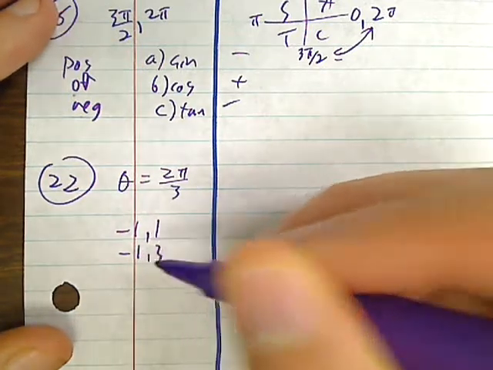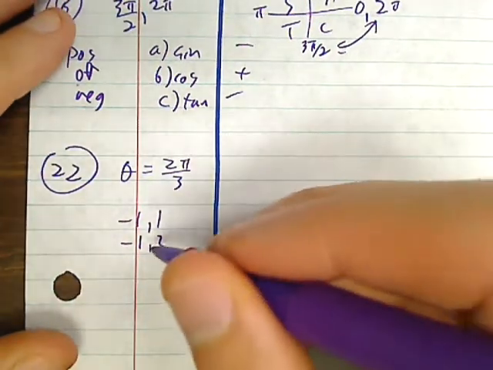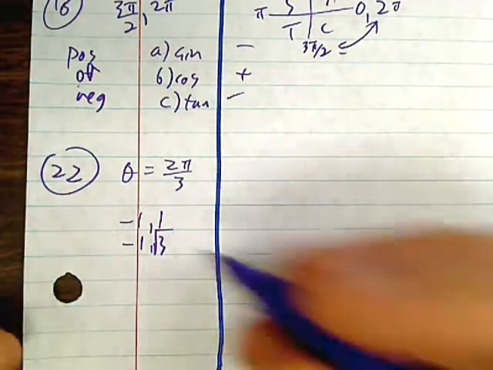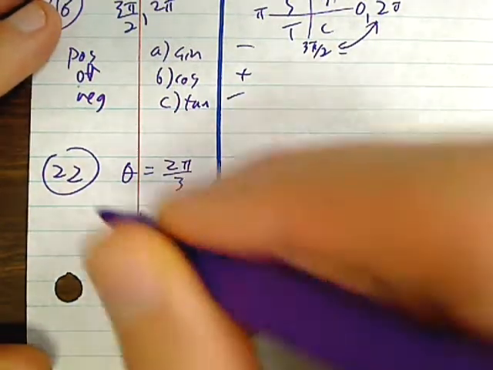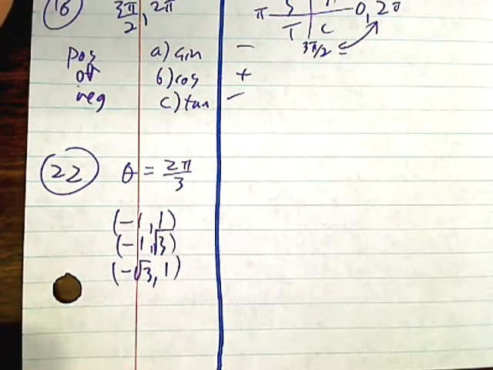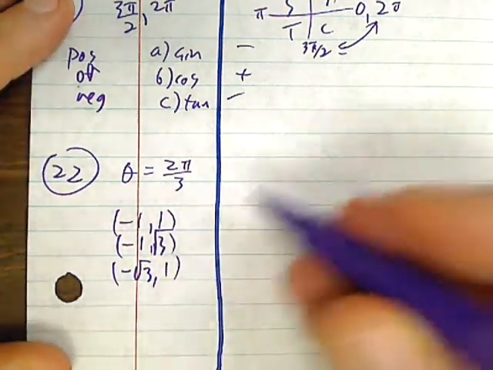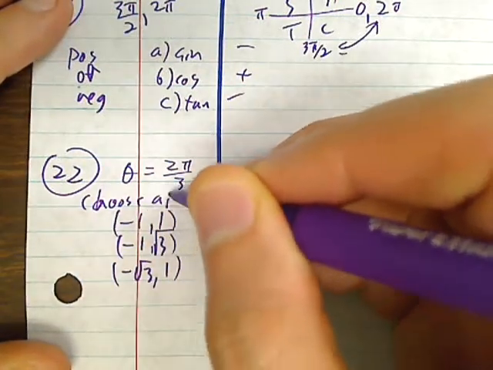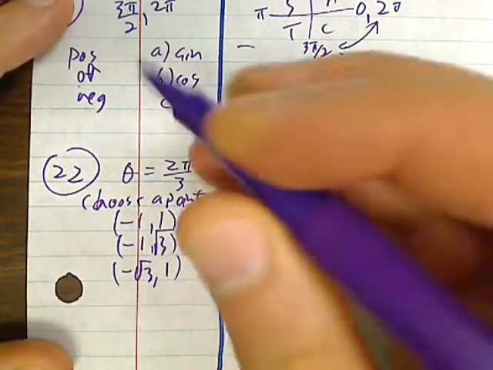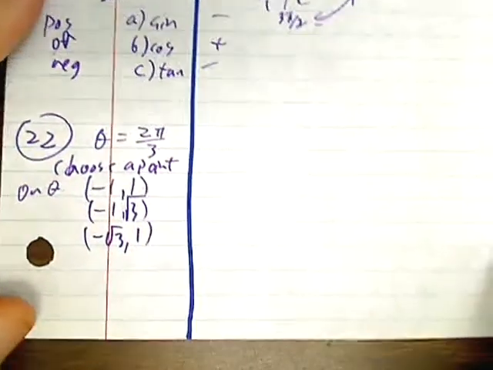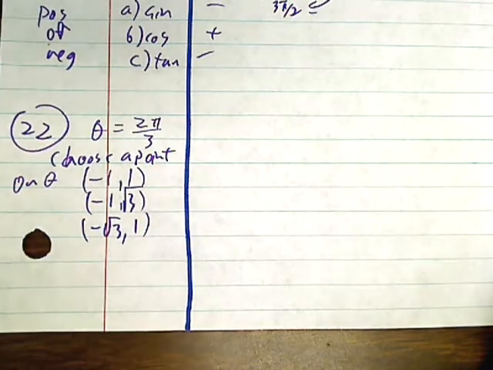Negative 1, square root 3. And negative square root 3, 1. So choose a point that's going to be on theta. All right, go ahead, give it a shot.